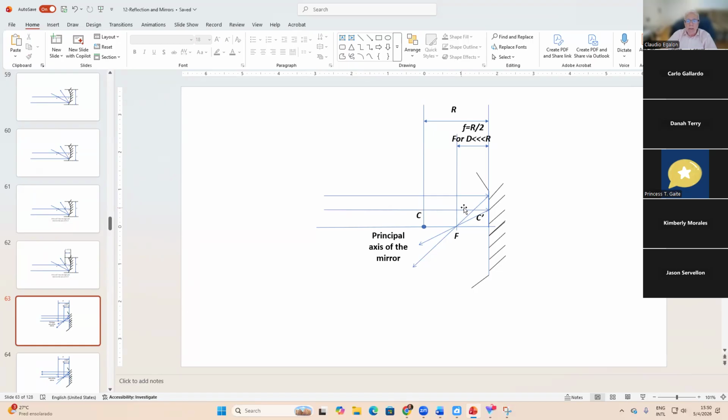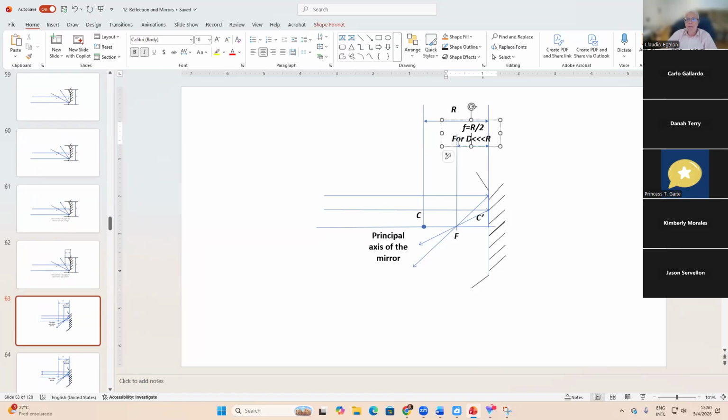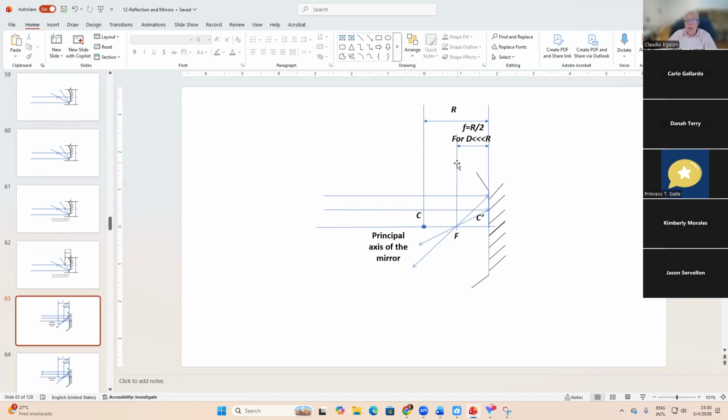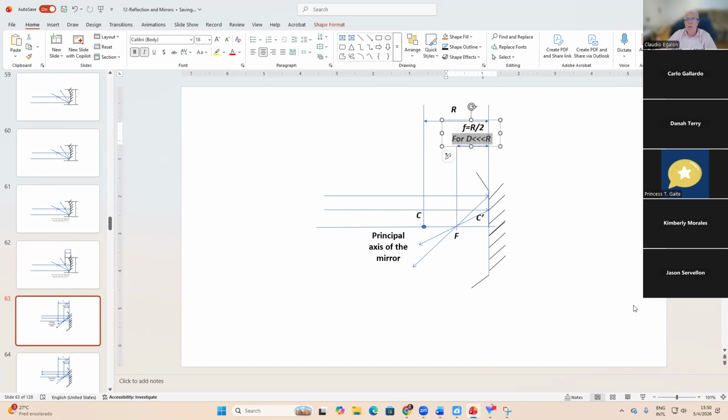Another different light ray parallel to the principal axis of the mirror still passes through the focal point. But you must have this condition here, right?